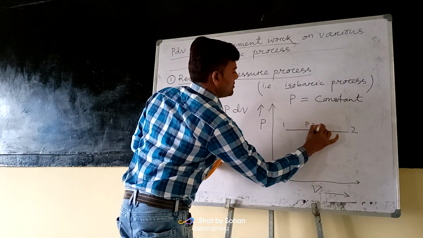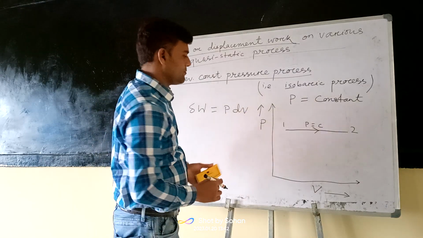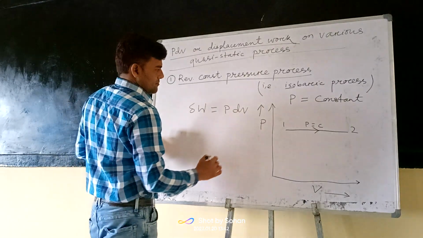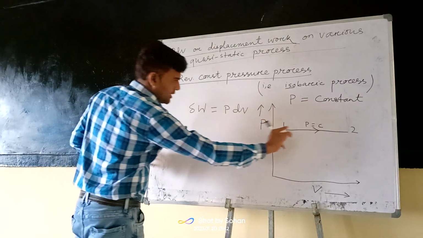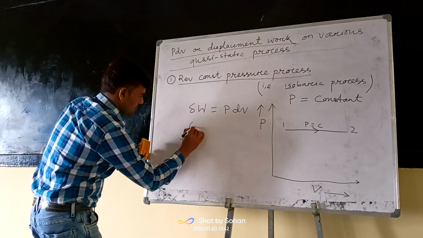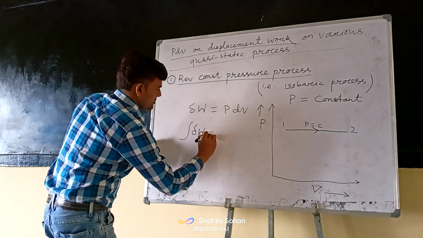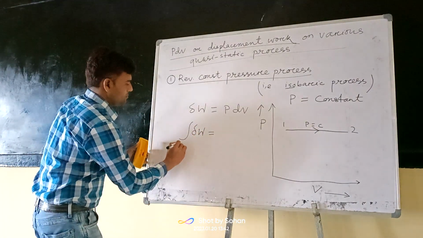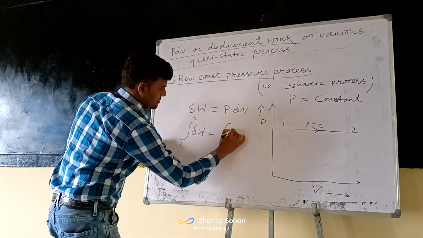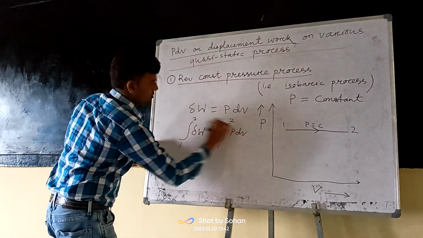This is the plot or the graph on the PV diagram. So work done from 1 to 2, we will integrate del W. Integration of del W from 1 to 2 equals integration of P dV from 1 to 2, right?